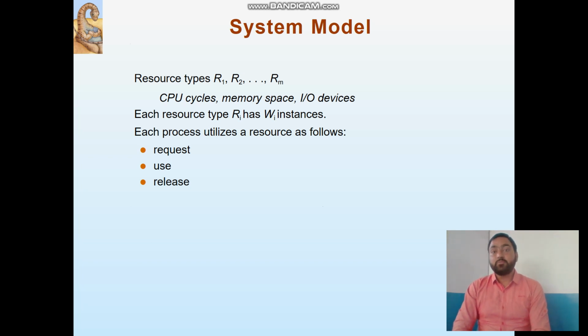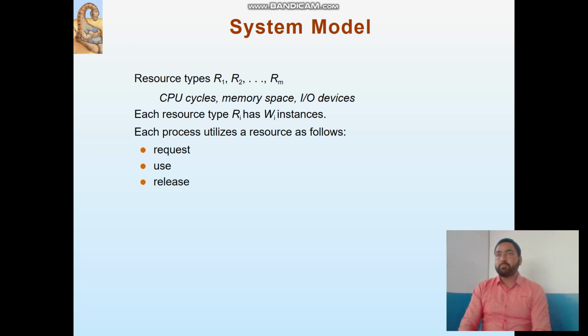Now, the system model for the deadlock situation. In the system model, we have a number of resources in the system, for example resource 1, resource 2 and up to resource M. CPU cycles, memory space, input output devices.